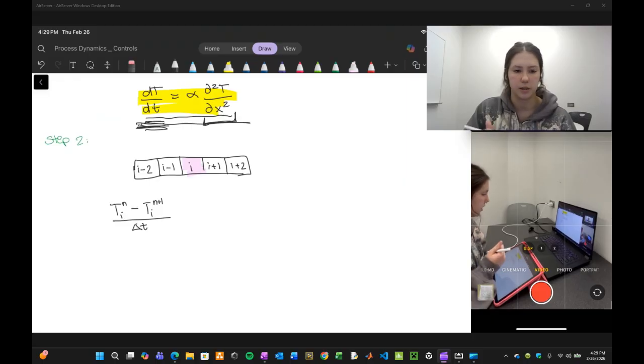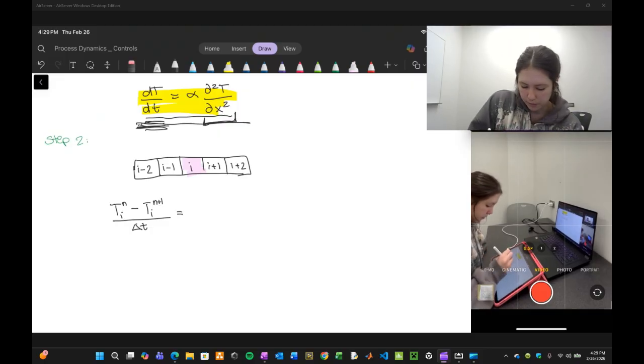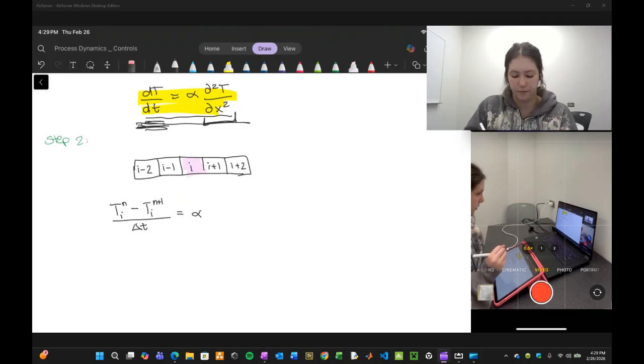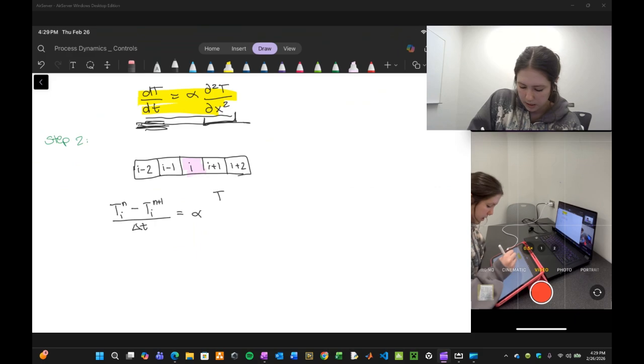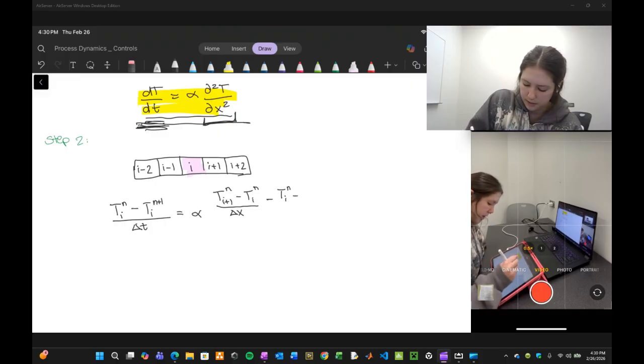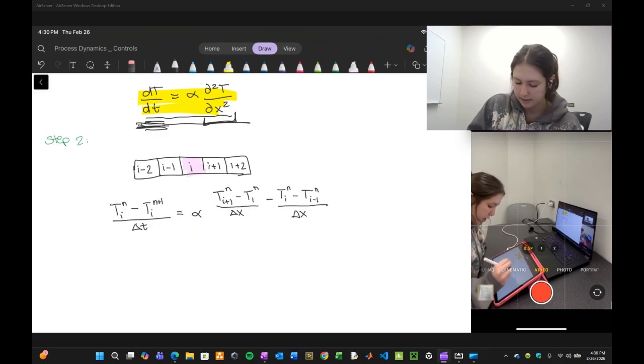So we're not going to be changing the time or our n variable, but we're going to be changing I. So it would be equal to, and then we still have our alpha variable there, T at position I plus 1 of n minus T at position I of n over the change in position, minus the temperature at position I of n minus the temperature at position I minus 1 at that same time of n over the change in x.